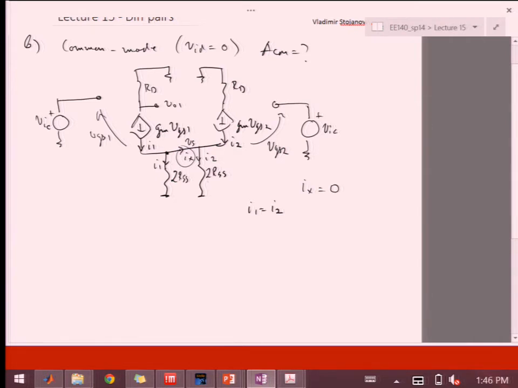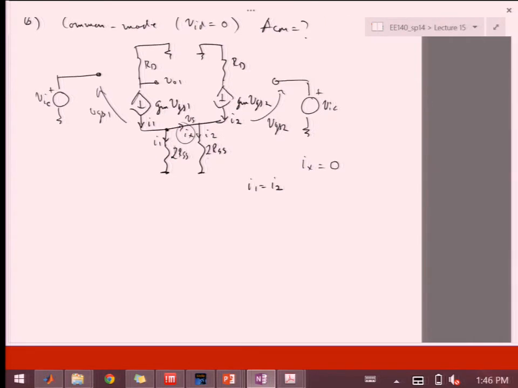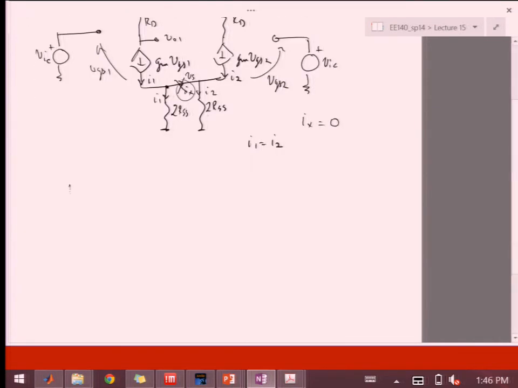Okay. So if Ix is 0, I can essentially take out this branch. Then my half circuit would be something like this. Okay.